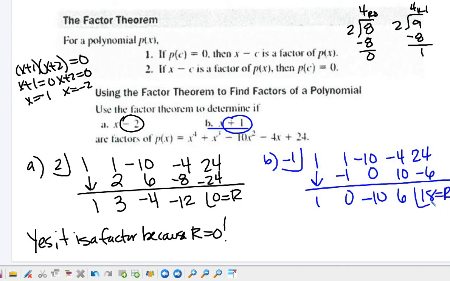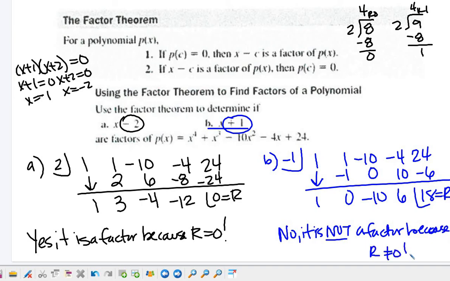So clearly this has a remainder that's not 0, so no, it is not a factor because r does not equal 0. Easy as that. Okay?